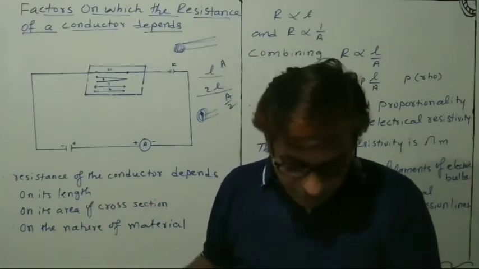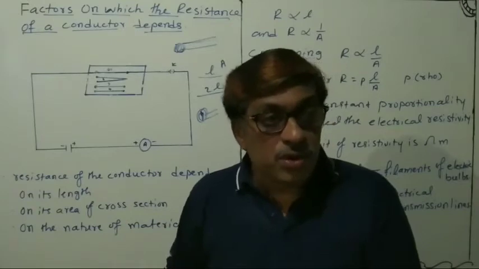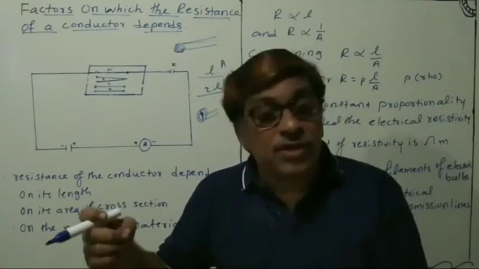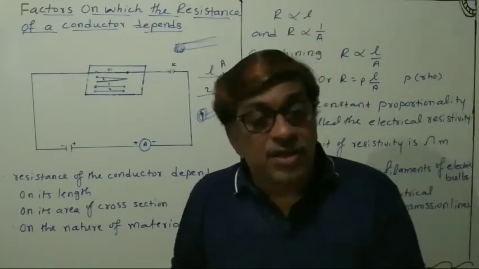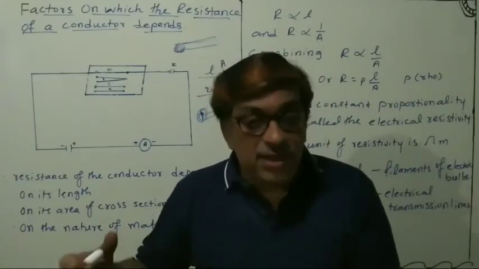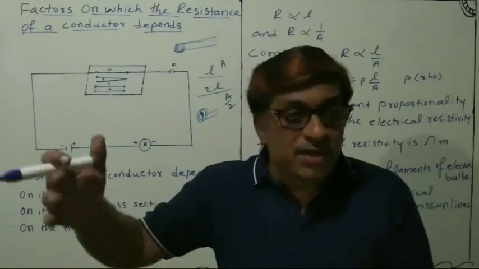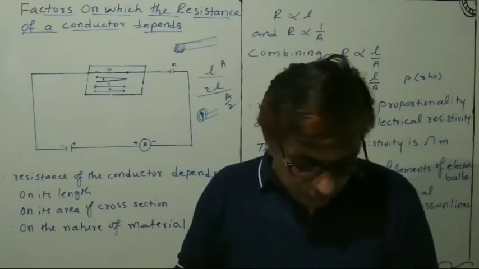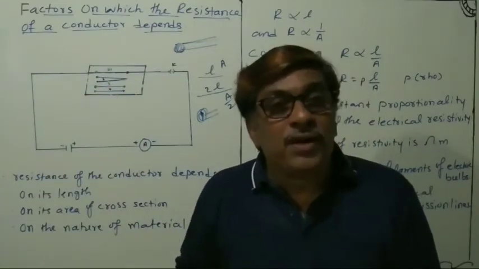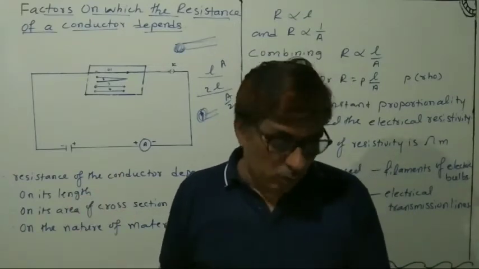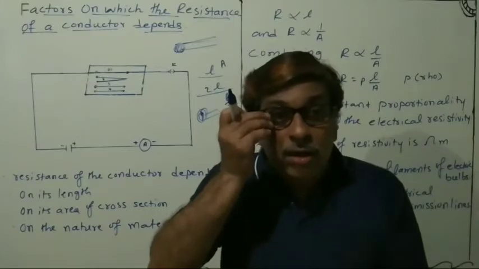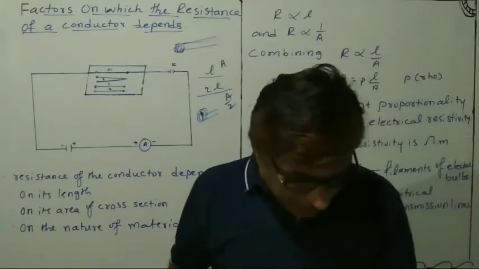When nichrome is used, the resistance will be more, and copper and silver will be less. When the resistance is more, the current flow will be less. When the resistance of copper is less, the current flow will be more. So like this, we come to know that.